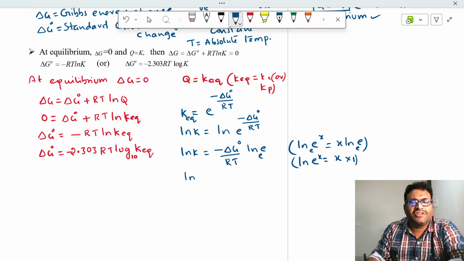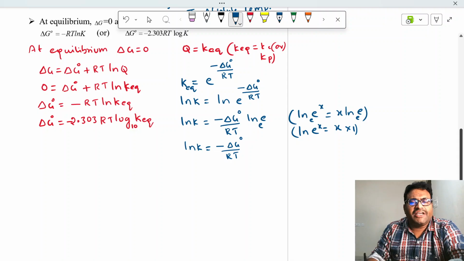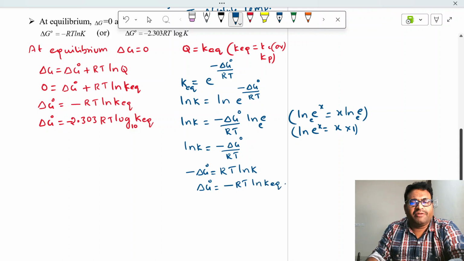So I can write log K is equal to minus delta G naught by RT. From this, minus delta G naught is equal to RT log K. So delta G naught is equal to minus RT log K equilibrium.